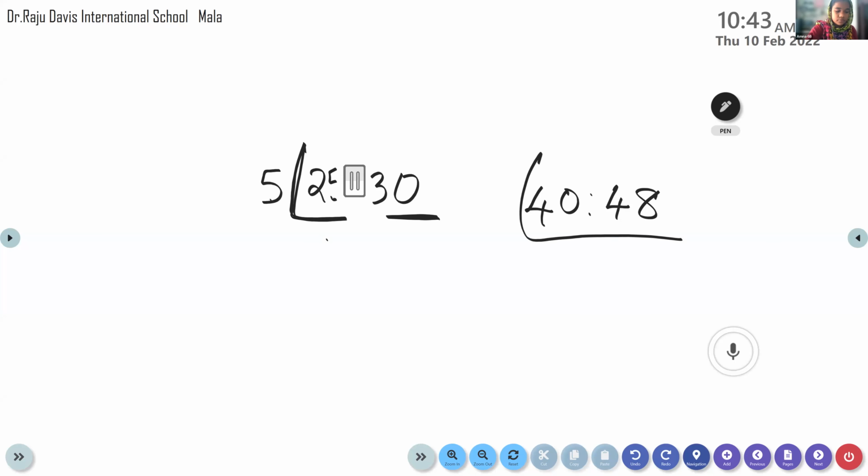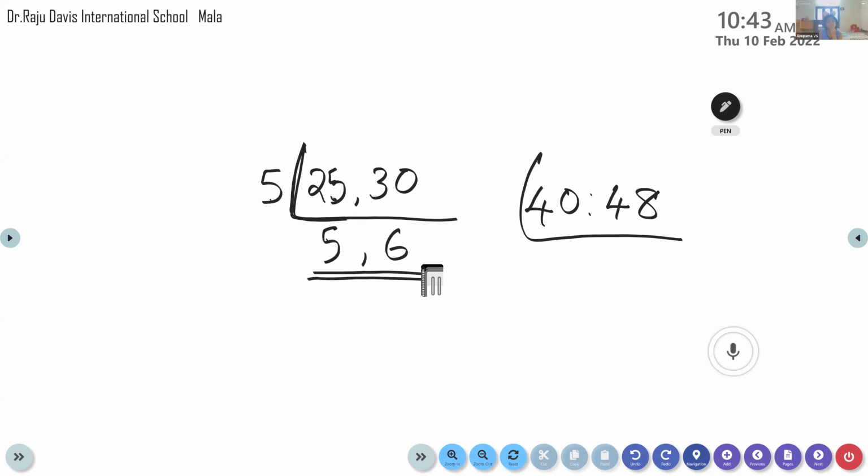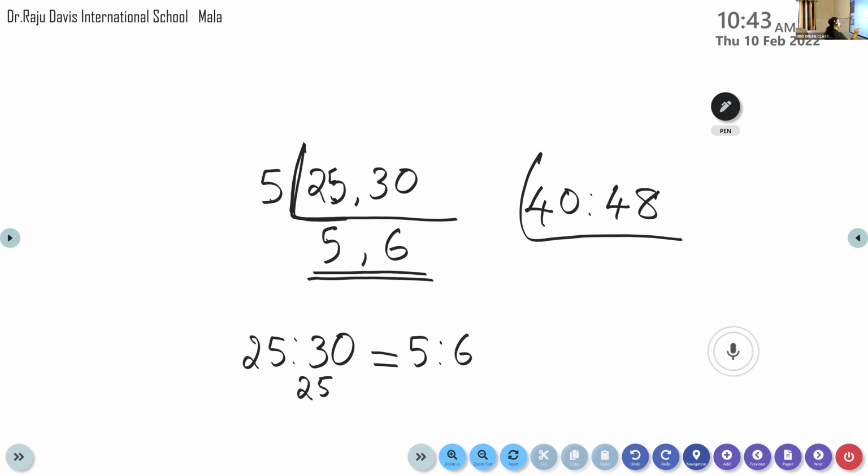Okay. Then 30 divided by 5 is 6. So this is the final answer, 5:6. So 25:30 can be written as 5:6. Yes or no, children? Yes, ma'am. Correct? Yes, ma'am. That's correct. 25/30 we can write as 5/6. Okay, ma'am.